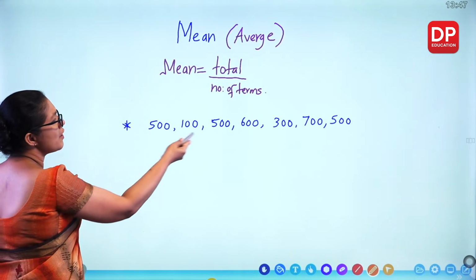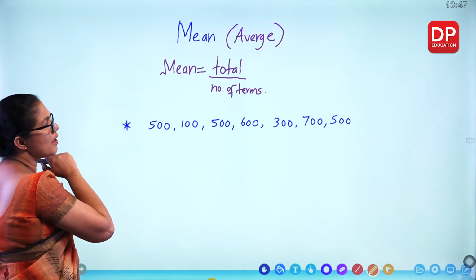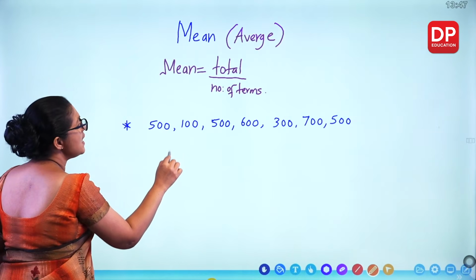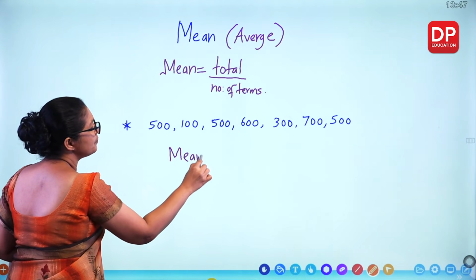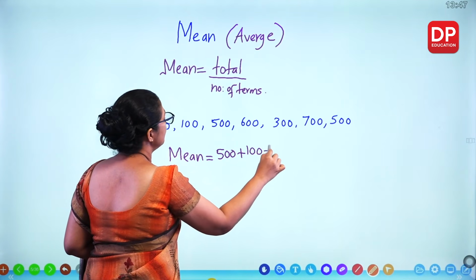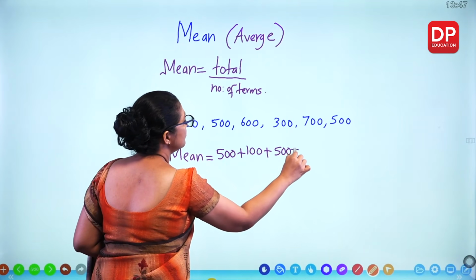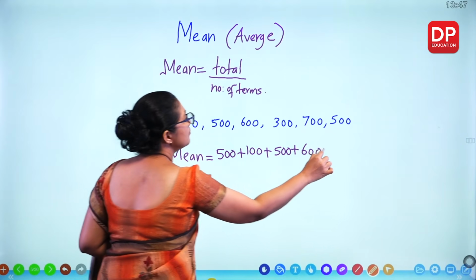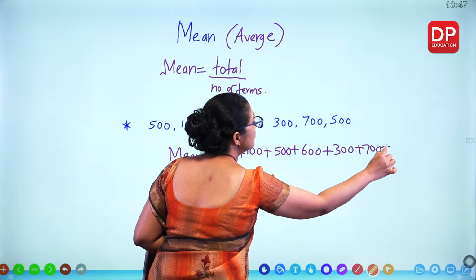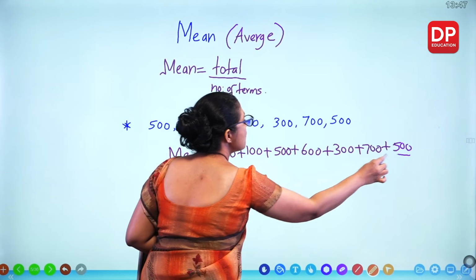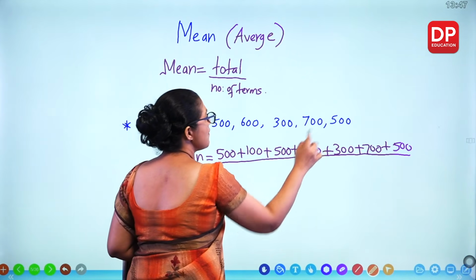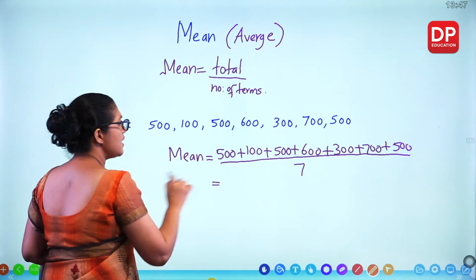So when you look at this raw data set about the number of coconuts sold, the mean is equal to adding all these values, divided by 1, 2, 3, 4, 5, 6, 7. 7 days, you divide by 7.